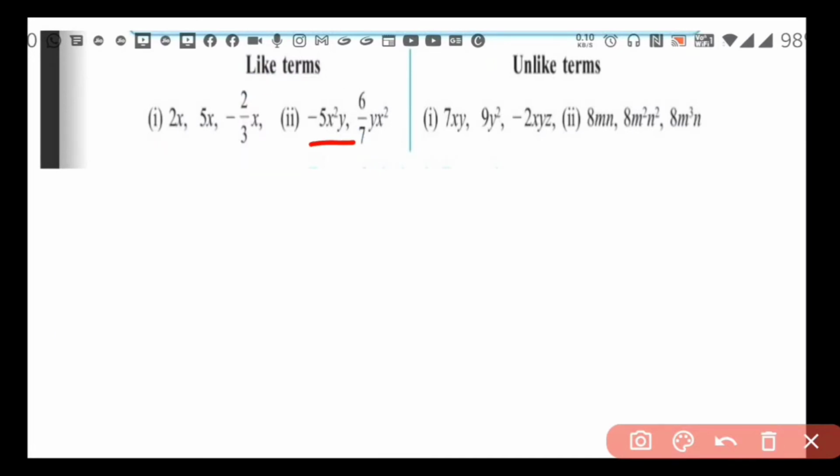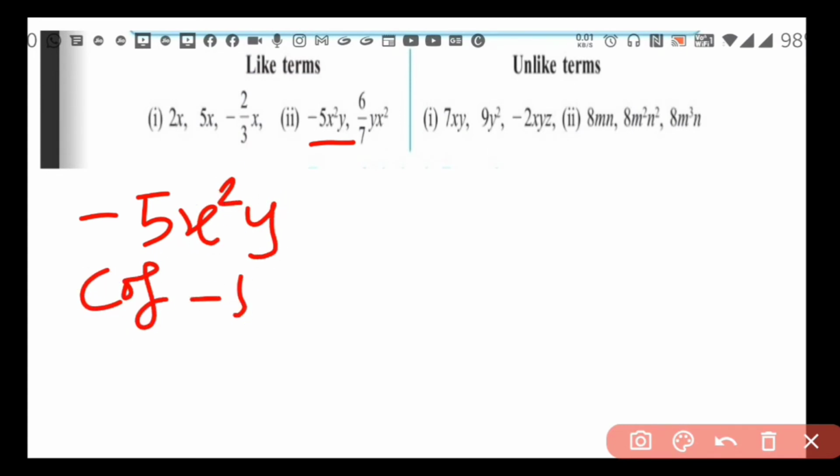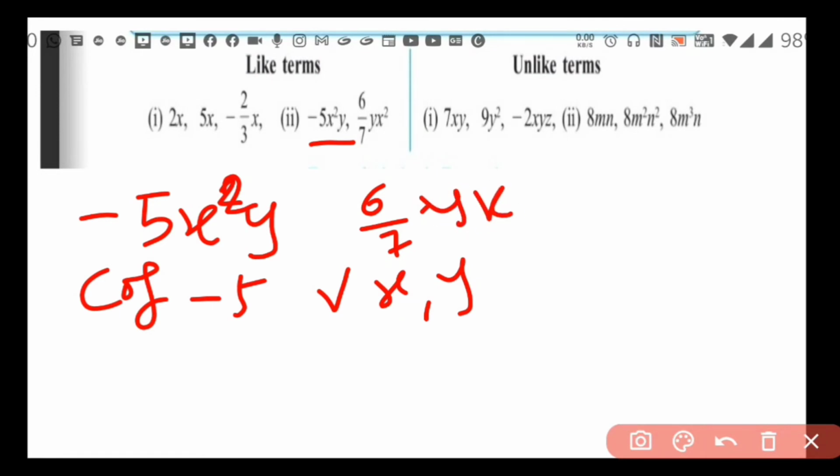Now see the second example. In the second example, the first term is minus 5 x square y, where the coefficient is minus 5 and the variables are x and y, where x has the index 2. Similarly, the second term is 6 upon 7 y x square.